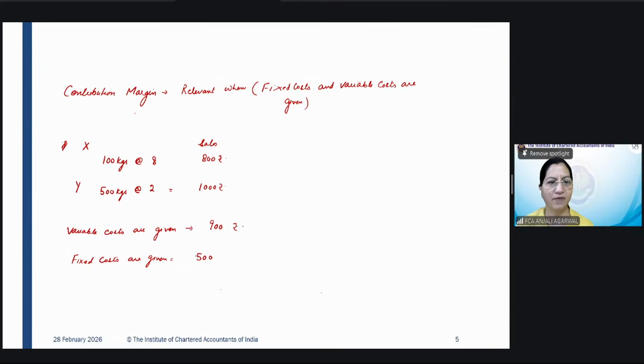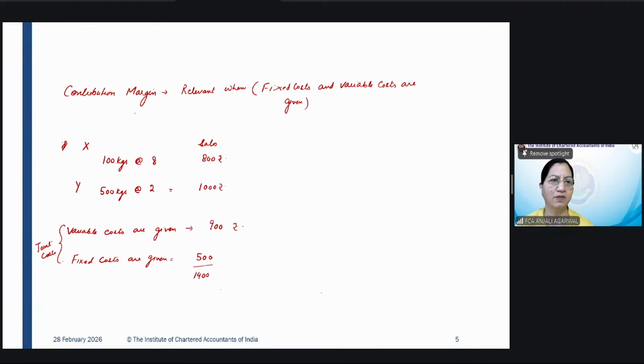So what is the best way to allocate the joint costs of 900 plus 500? That is 1400 is to be allocated amongst product X and Y.